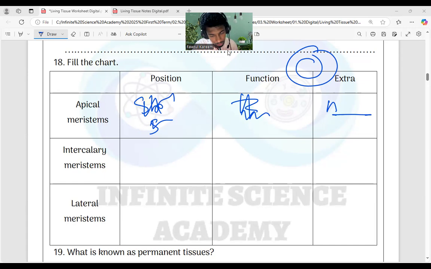So that extra part you can add that one, okay? And Nashif, Ahmad Nashif. Mahan, you have got the printout, right? Okay, very good. Shoot apex, nodes and the stems, and the lateral meristem, okay, increasing the length, height of the plant, increasing diameter of the plant, okay? Cambium tissue, right, like this. Cambium tissue also a kind of lateral meristem like that, okay? Found in the grass family.